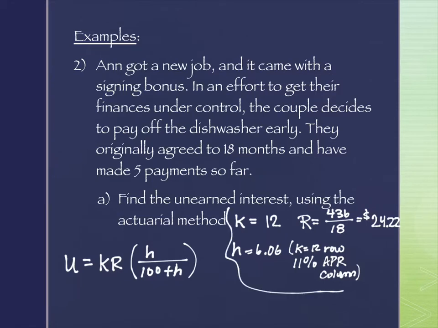We've identified the 3 pieces that we need to calculate the U, the unearned interest now. So over here, K is 12, R is 24.22, and H is 6.06. And I'm just going to add the denominator together with that, so that's 106.06. So we're going to multiply, do a little bit of division.